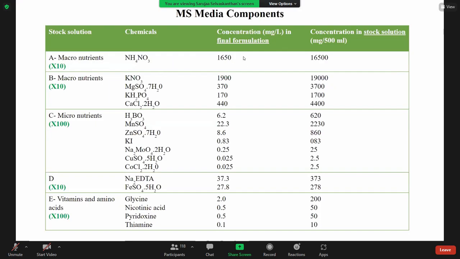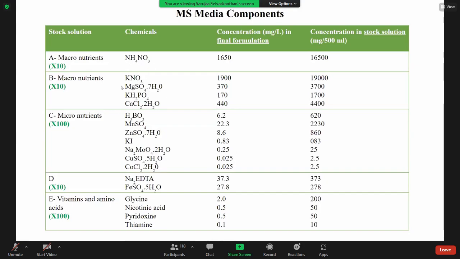So in this column, in the final formulation, the 1 liter media should consist of this amount of chemicals, right? For the nitrogen, here we use ammonium nitrate, potassium nitrate.